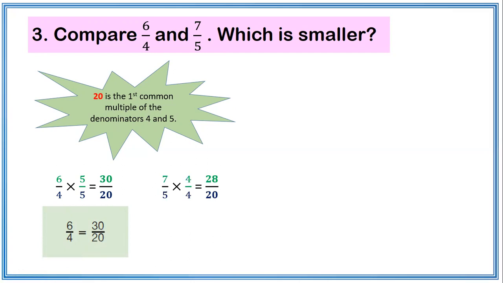Next, 7 out of 5 must be multiplied by 4 out of 4 to get a denominator of 20. So 7 times 4 is 28. 5 times 4 is 20. 7 out of 5 is equal to 28 out of 20.